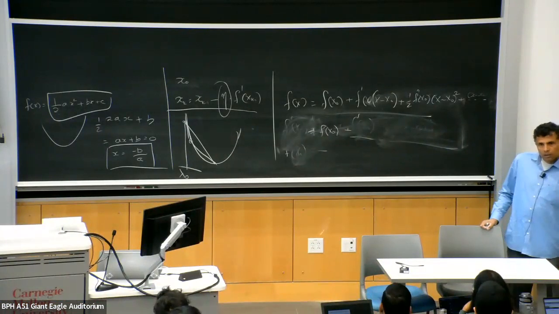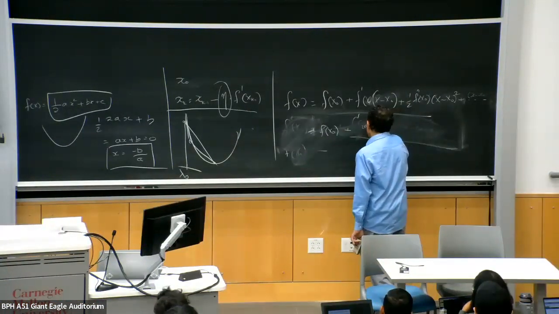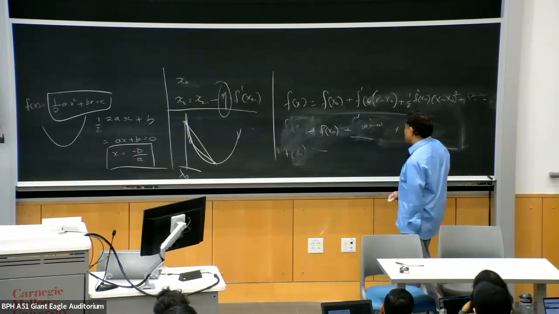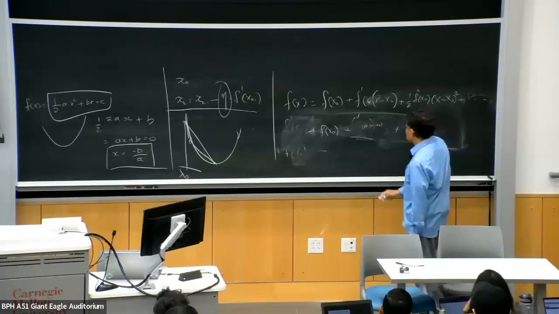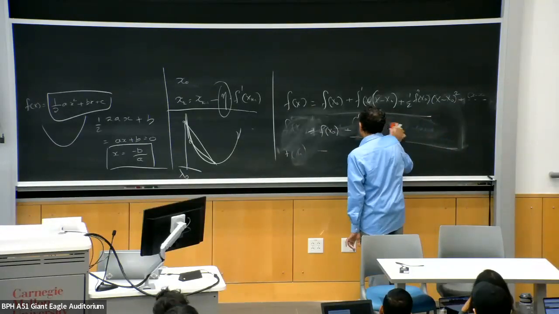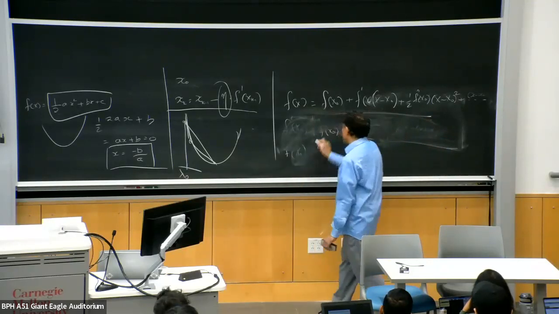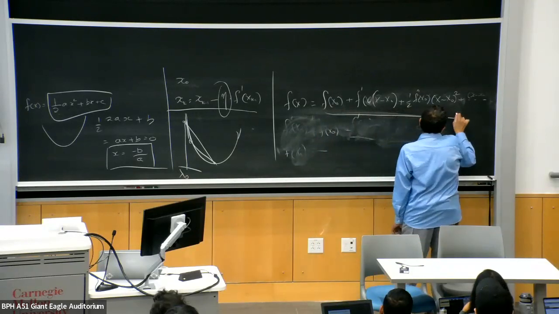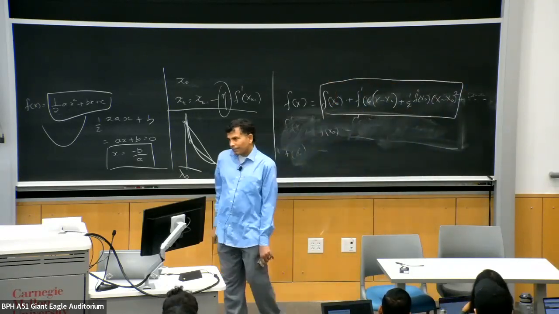You're going to get 2a(x0) times (x minus x0), right? And then what would be the second term? Will there be a b? It doesn't matter. The point is, if I truncate it after the second term, this is my Taylor series, correct?